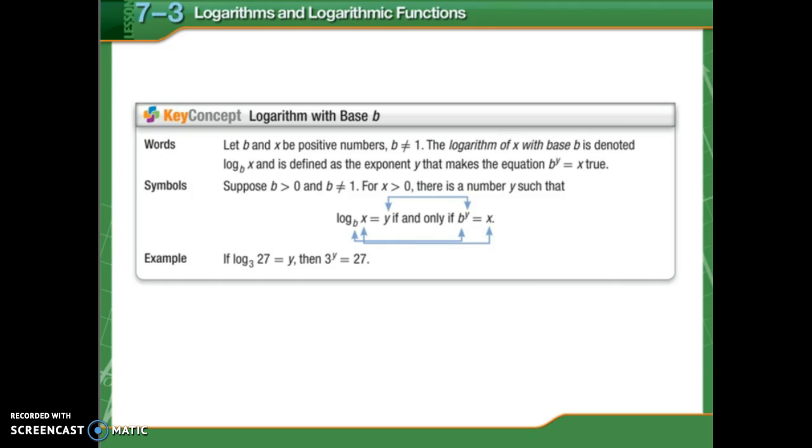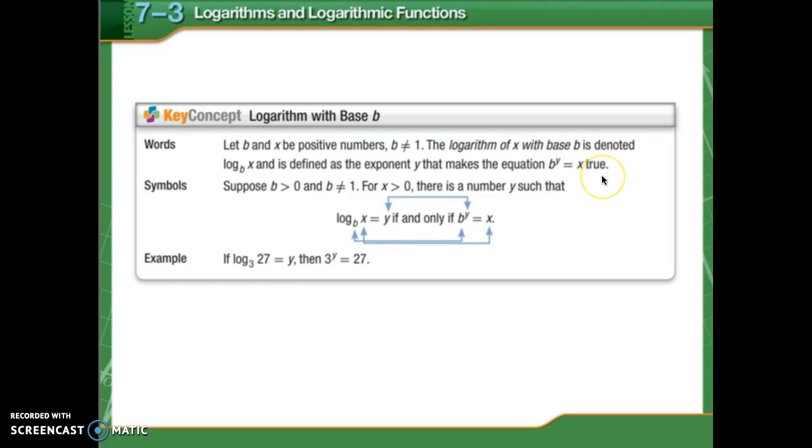So our key concept, a logarithm with base b. Basically the concept here says let b and x be positive numbers and b cannot be equal to 1. The logarithm of x with base b is written log base b of x, and is defined as the exponent y that makes the equation b to the y power equals x true.